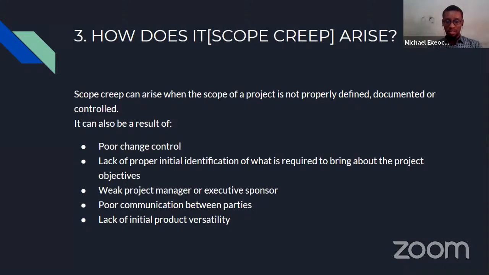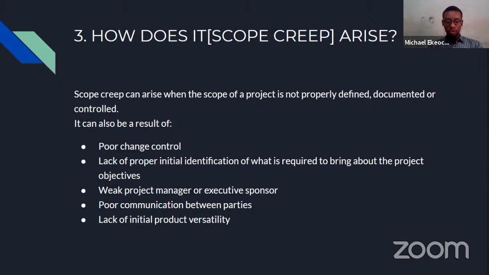There are some other avenues where scope creep can arise, and they include poor change control. If you don't have a good change control structure, it can lead to scope creep affecting your project. The next one is lack of proper initial identification of what is required to bring about the project objectives.